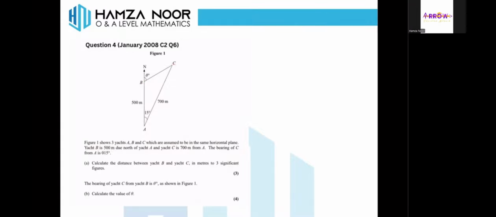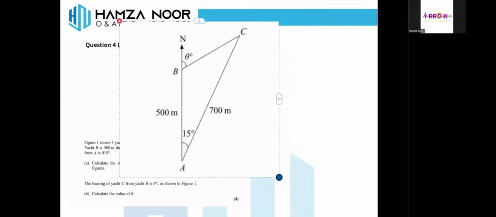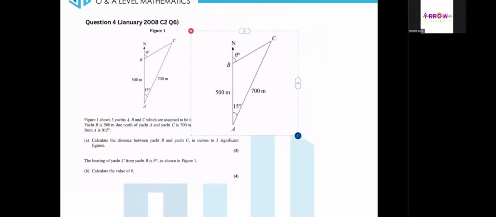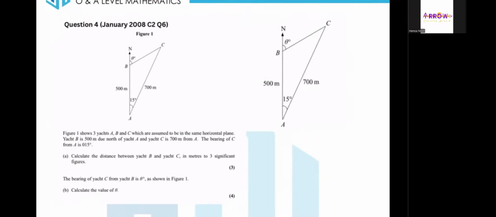First of all, we are going to consider this triangle ABC. As we can see, this angle is 15 degrees, and the length which is opposite to this 15 is BC. So we are going to use the cosine rule, because this length AC is given to us, this length AB is given to us, and the included angle is given to us.